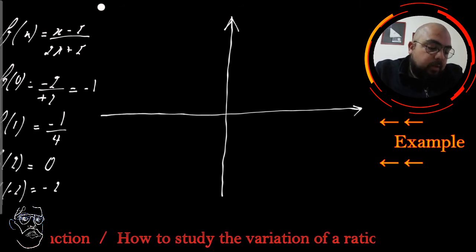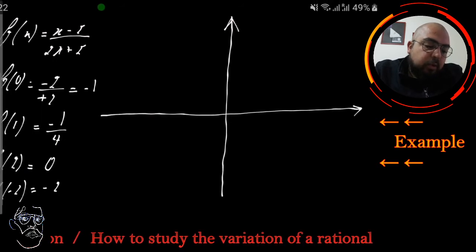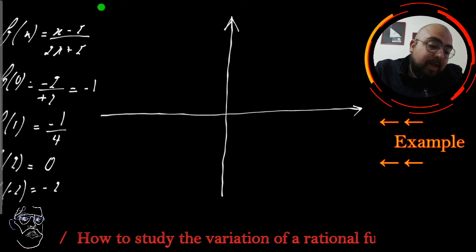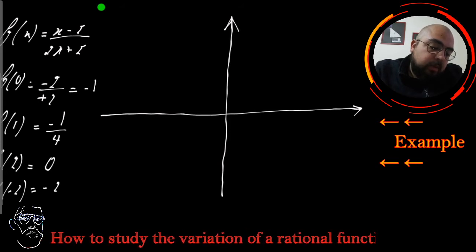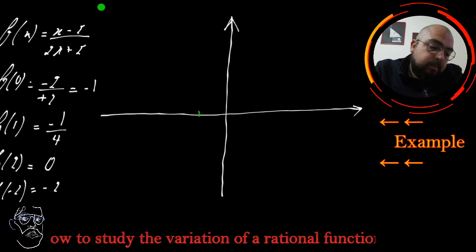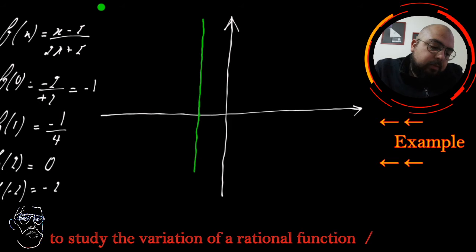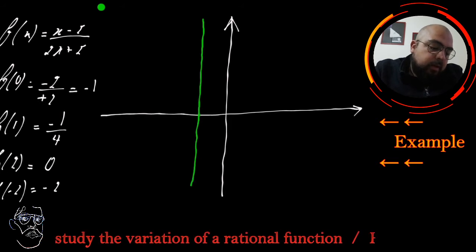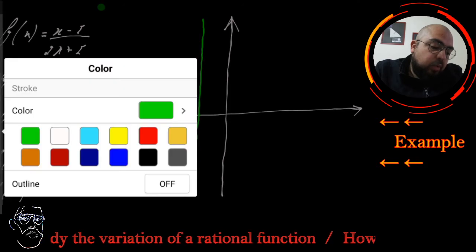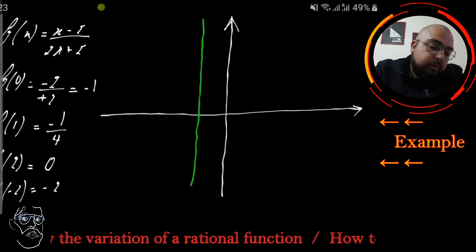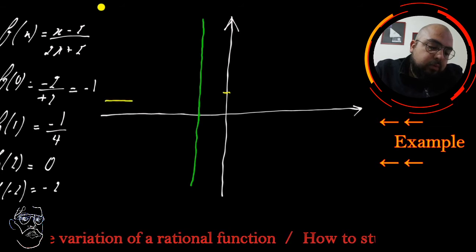So the first one is x is equal to minus 1, for which I will have a discontinuity. So this is minus 1. This is my vertical asymptote. The second asymptote was y is equal to 1 over 2. So if this is 1, this will be 1 over 2.